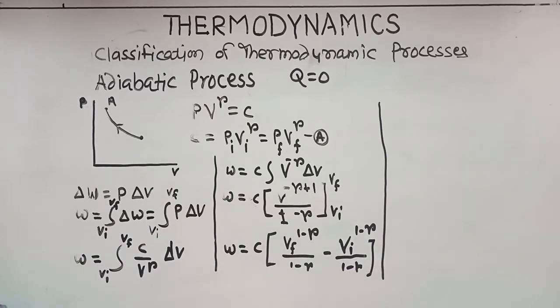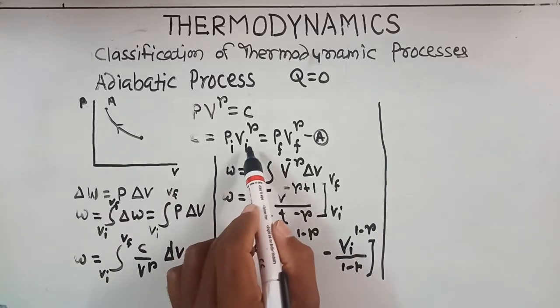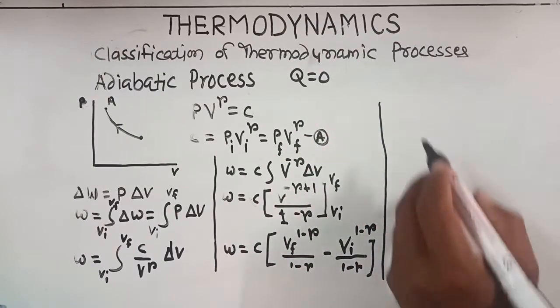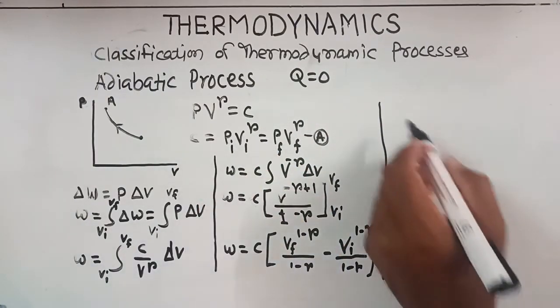Now we know that this C is equal to what? This C is equal to Pi Vi raised to gamma, which is equal to Pf Vf raised to gamma. Now let's substitute these values in this equation.